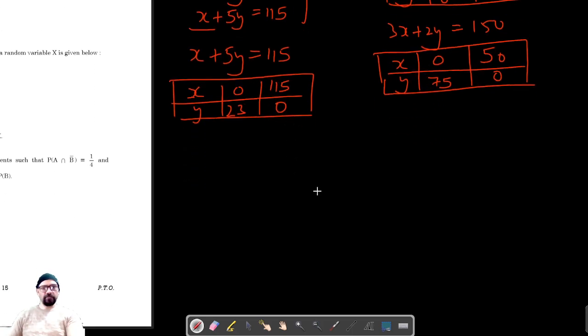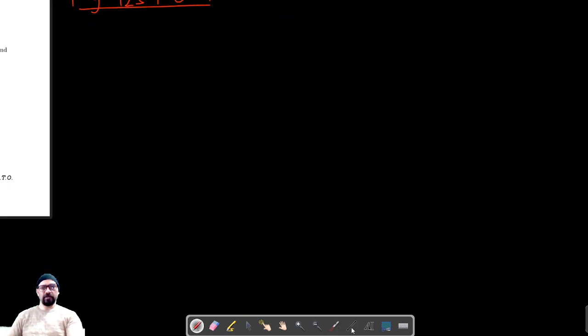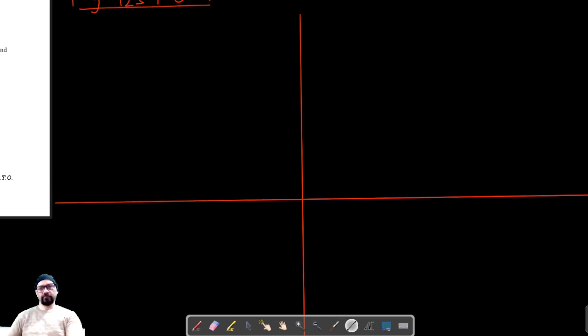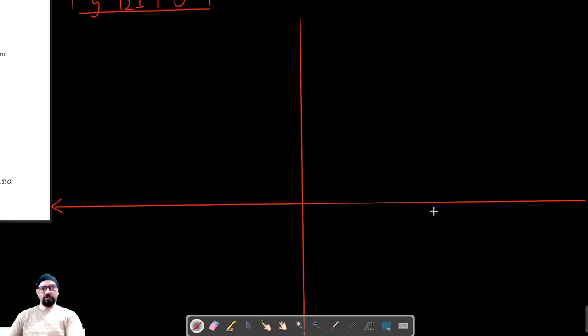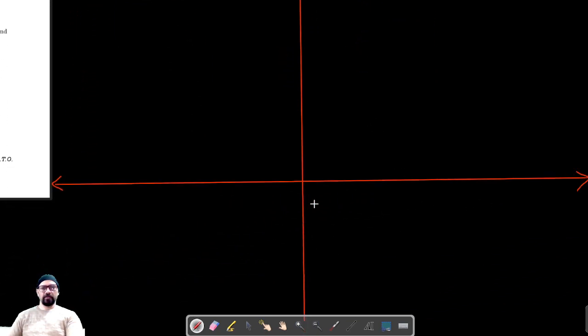Okay, let's try to sketch the graph for this. In the rough sketch, let's say these are our horizontal and vertical axes. I'm going to use a scale of 20. So this is 0, this is 20, 40, 60, 80, and 100.